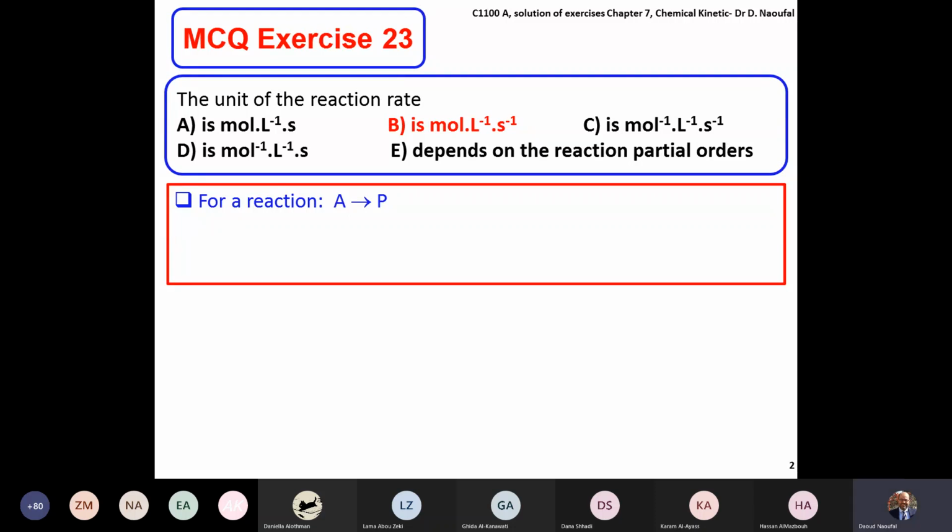So the unit of the rate of the reaction is mole per time or molar per time.